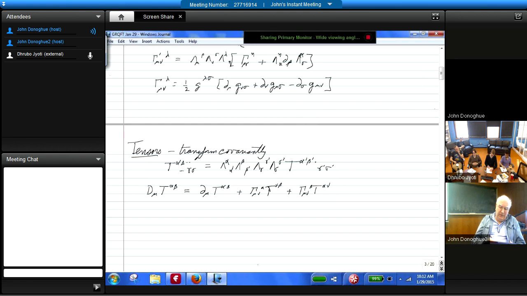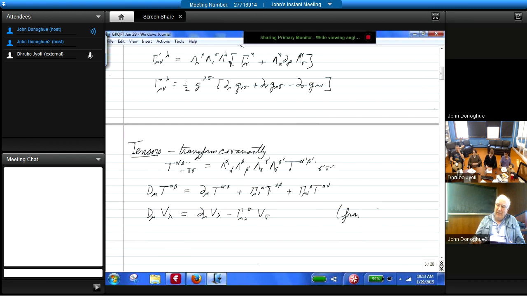When the indices are down, there's just a slight change. So if you have D mu acting on a vector lambda downstairs, it's the usual derivative, then minus gamma mu lambda sigma V sigma. There's a minus sign associated with this, and it comes from this.